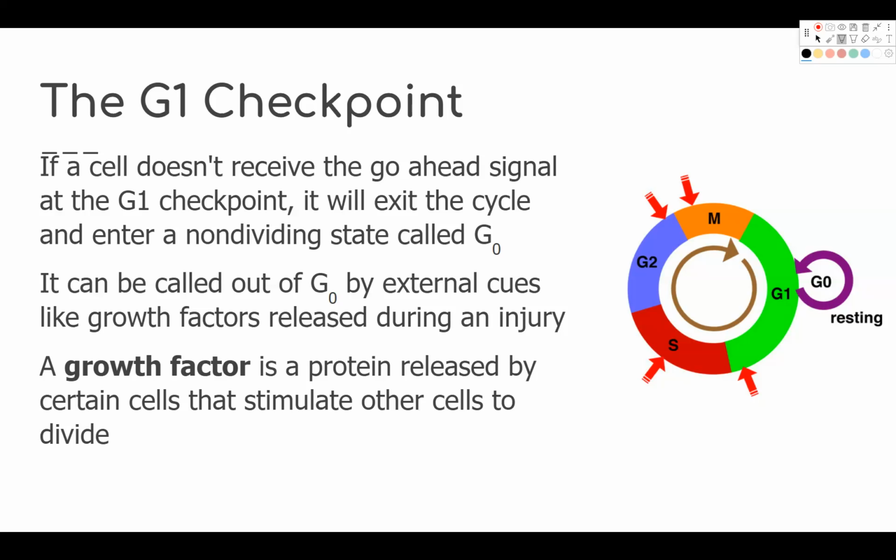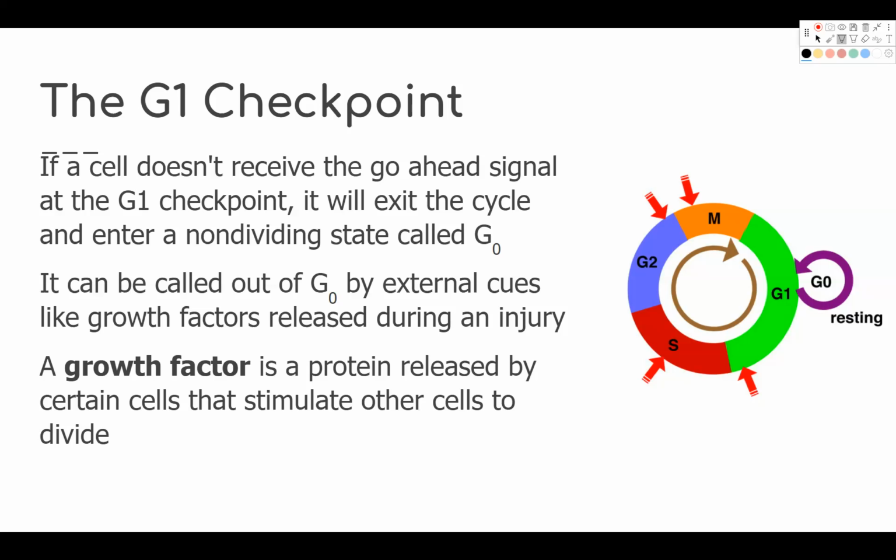But another one is with healing. If you are like me and you are a very clumsy person and just live your life without regard to furniture, you get cuts and scrapes and bruises on a regular basis. When that happens, the cells around those cuts and scrapes and bruises send out these growth factors. They say, hey, something got damaged, we need to go fix it.